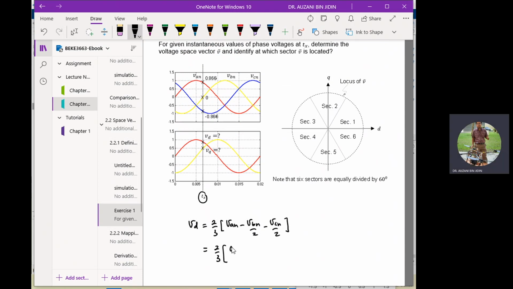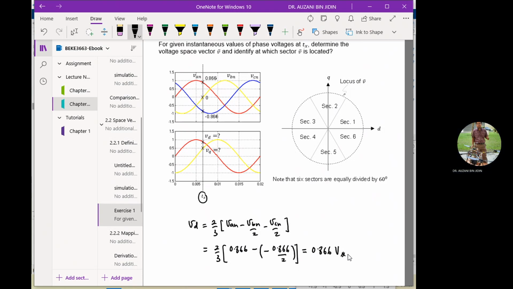So your VAN is 0.866, VBN is 0, VCN is negative, since the instantaneous value is negative. Okay, simple. Then you can solve the value of VD is 0.866 volt.